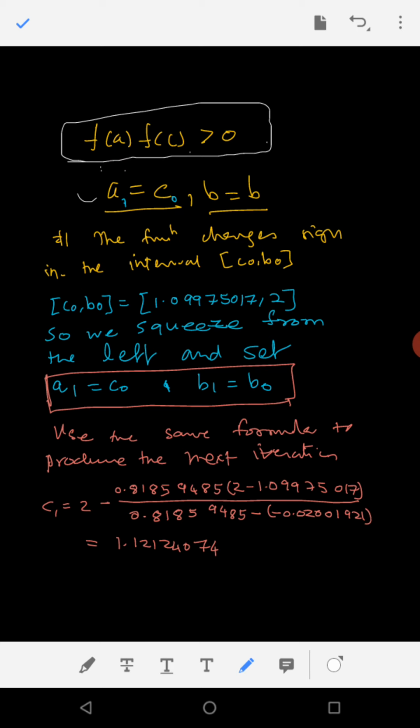But if this is the case, a1 is equal to c0, whereas b1 becomes c0 and a0 remains a0, whereas here b0 remains b0. So the function changes its sign in the interval c0 and b0.